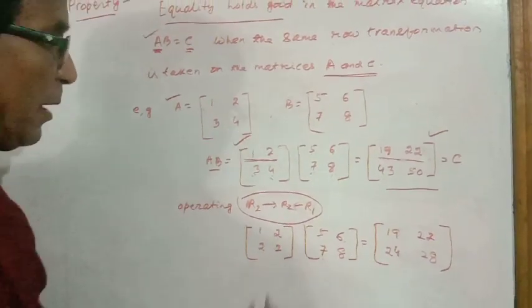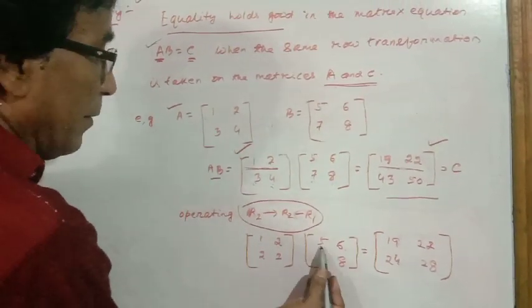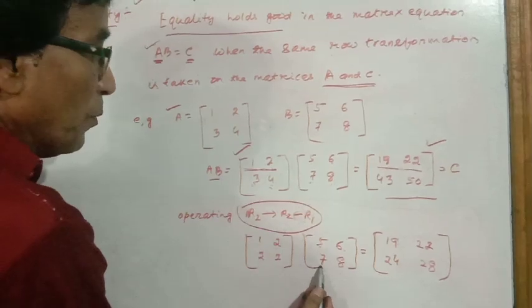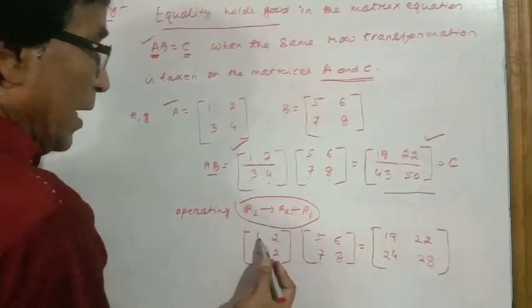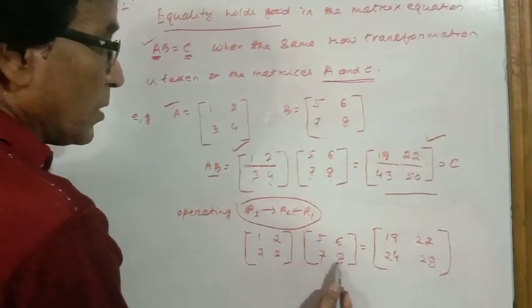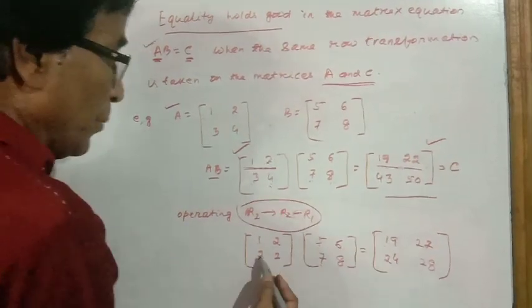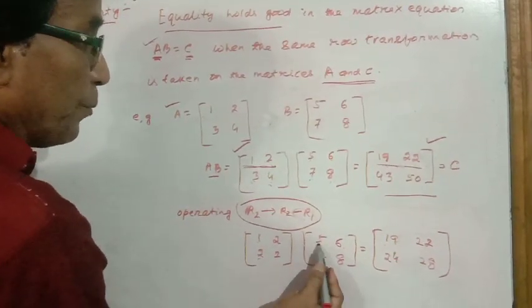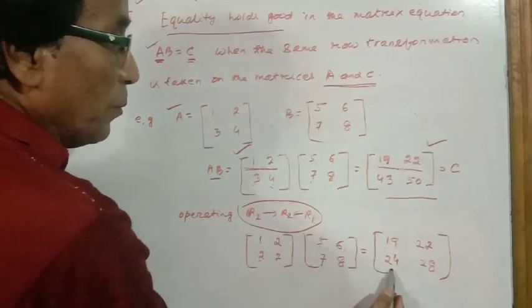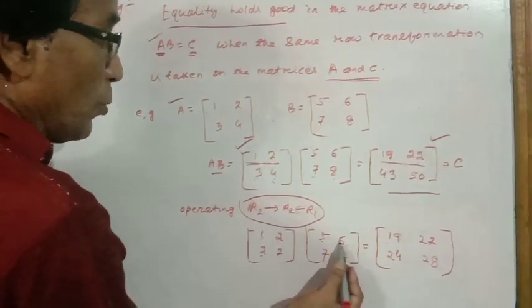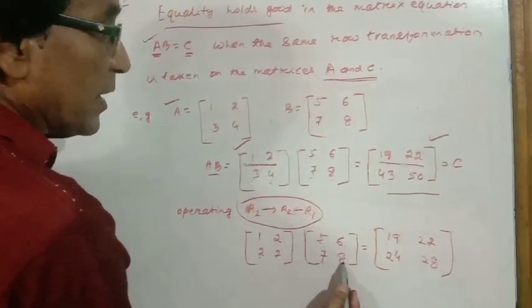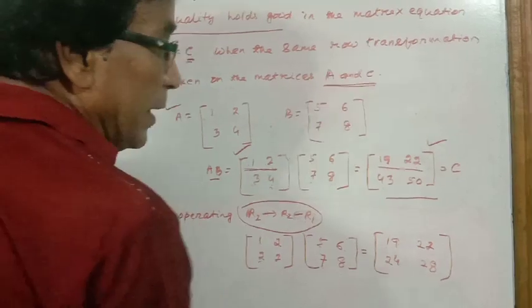Now we will see whether their product is equal to this or not. It can be easily verified that 1 into 5, that is 5 plus 14, 19. It is 6 plus 16, 22. It is 2 into 5, 10 plus 14, 24. It is 12 plus 16, that is equal to 28.